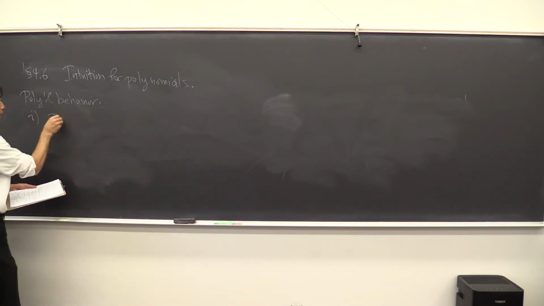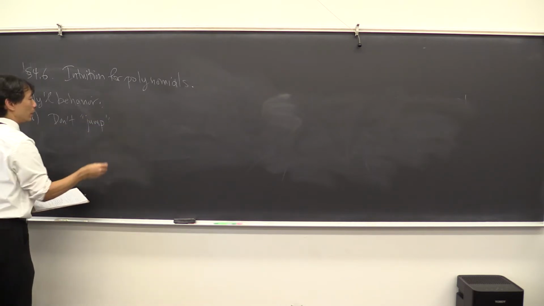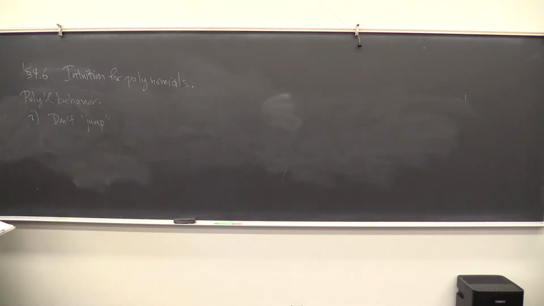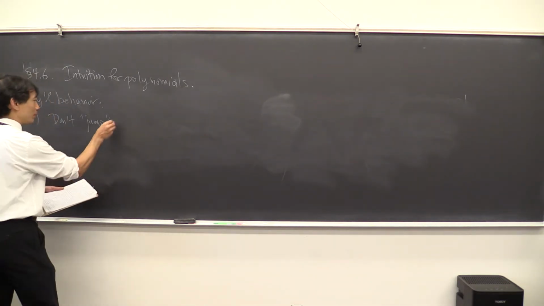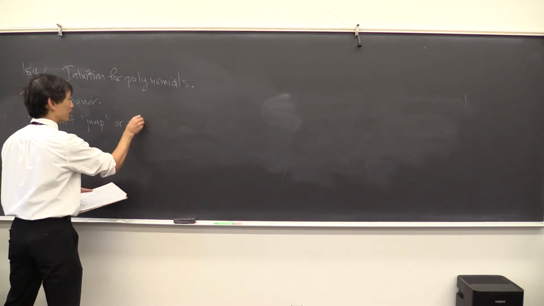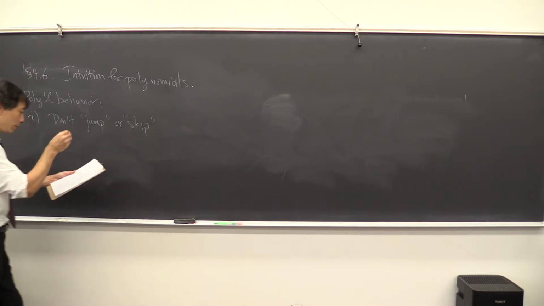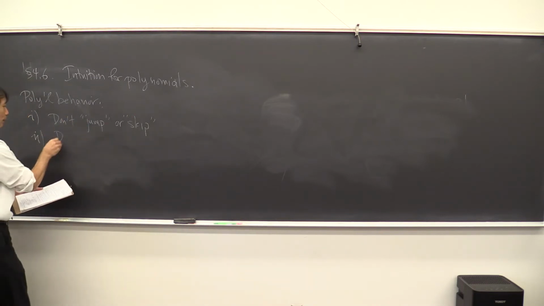One is that they don't jump or skip. I guess jumping and skipping is kind of the same thing. I don't know why they separate these, but anyway, they don't jump or skip. They don't have corners.